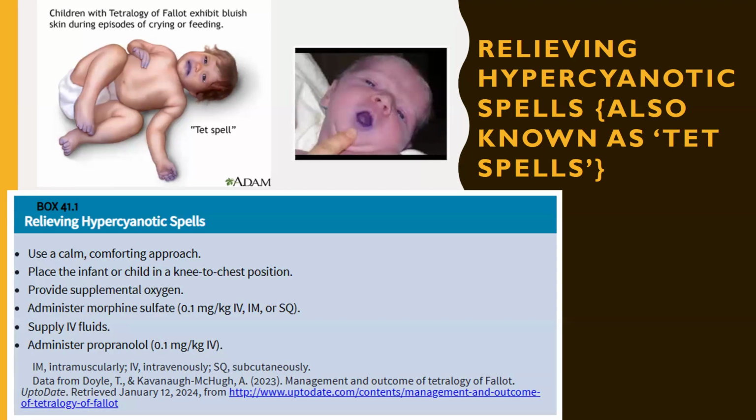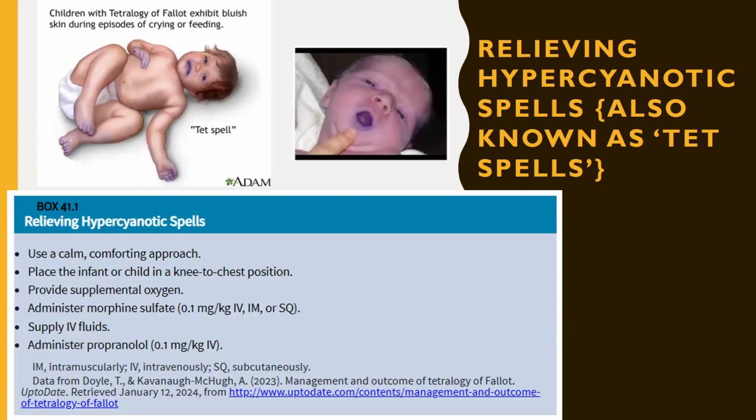Next, you're going to put that child or that infant in a knee chest position. Oftentimes, you can do that knee chest position, and that may be enough to take care of what's needed. But at any rate, the first action outside of being calm and comforting is place the client in a knee chest position.